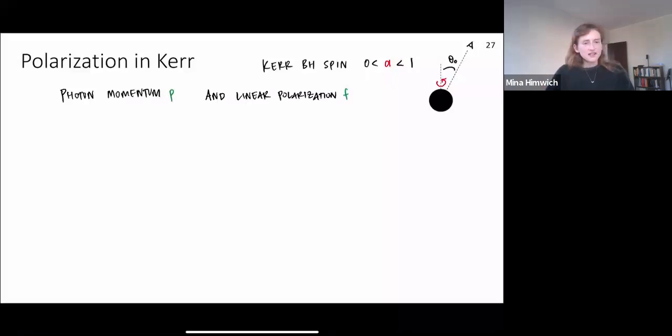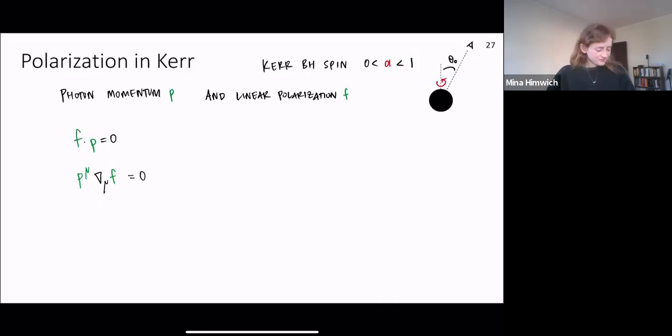So photons, as usual, we'll give them a momentum p and a linear polarization that I'll call f. And the polarization is orthogonal to the photon's momentum and is parallel transported along its trajectory. So it obeys a parallel transport equation.